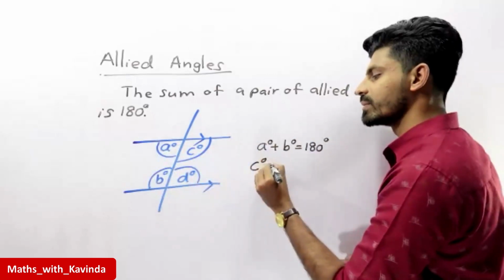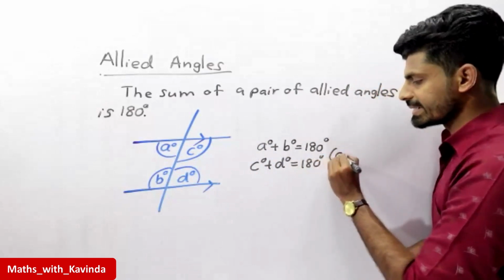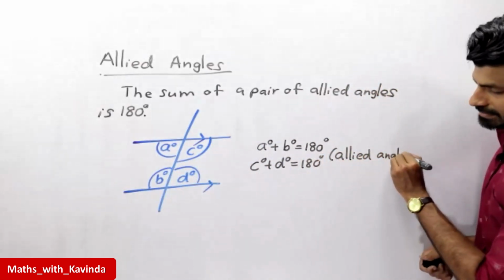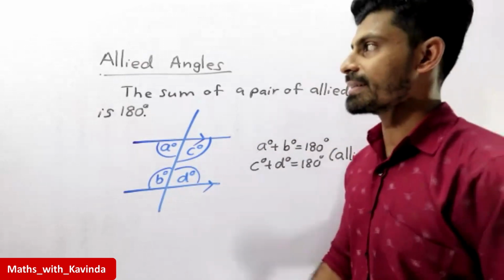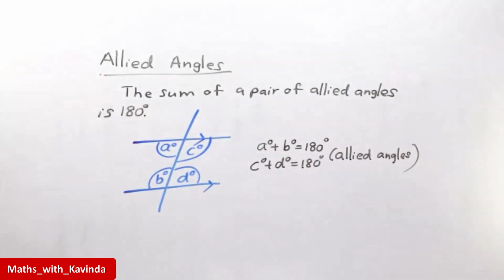C plus D equals 180. So these are allied angles. Allied angles are supplementary, that means addition equals 180.